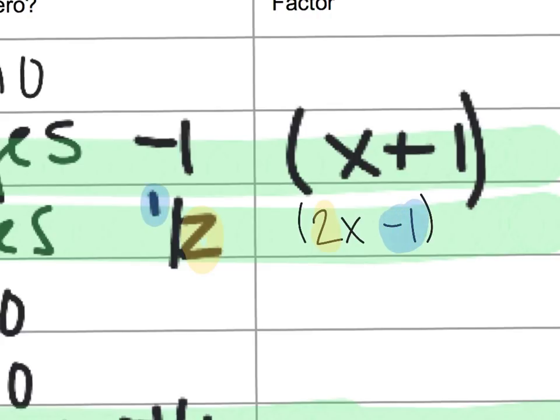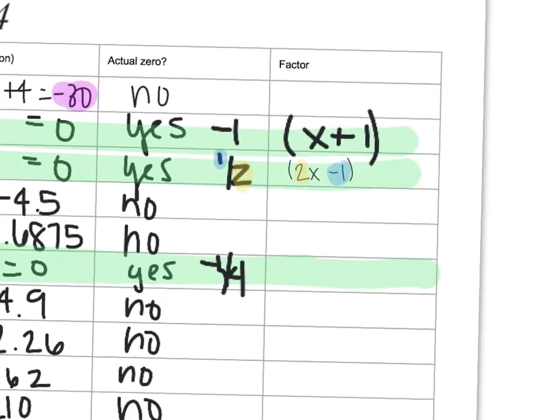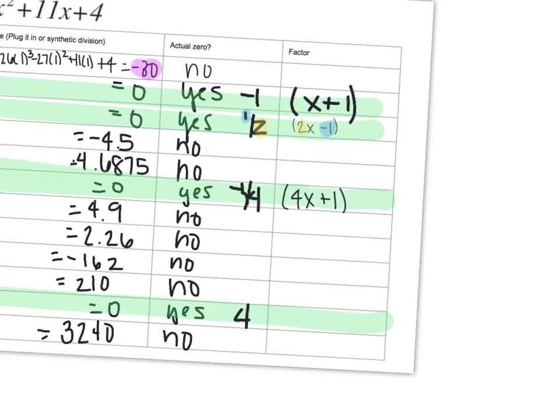It still switched signs. Okay? So then -1/4, using the same logic from the last one, is going to become 4x plus 1. And then my final one, that is x minus 4.